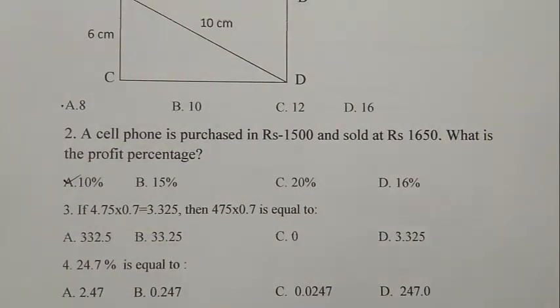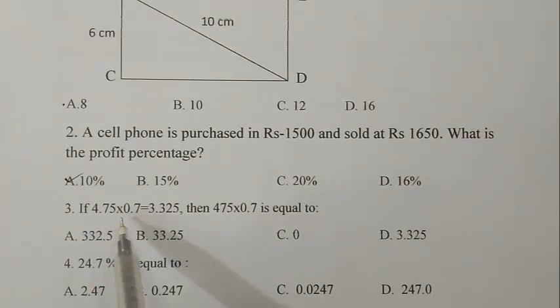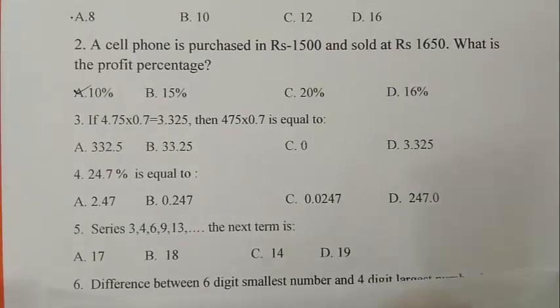Coming to the next question, question number 3. If 4.75 into 0.7 equals 3.325, then 475 into 0.7 is equal to what? First we write the first part of the equation.